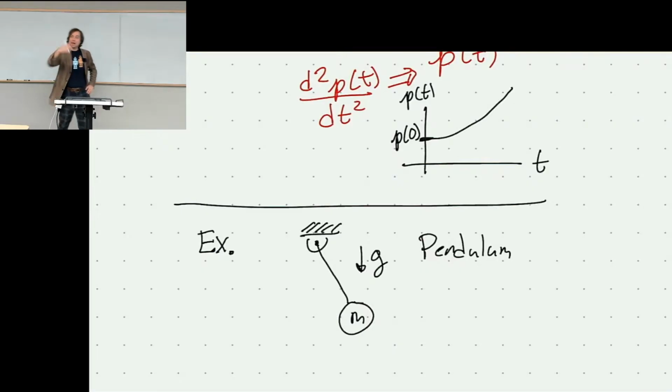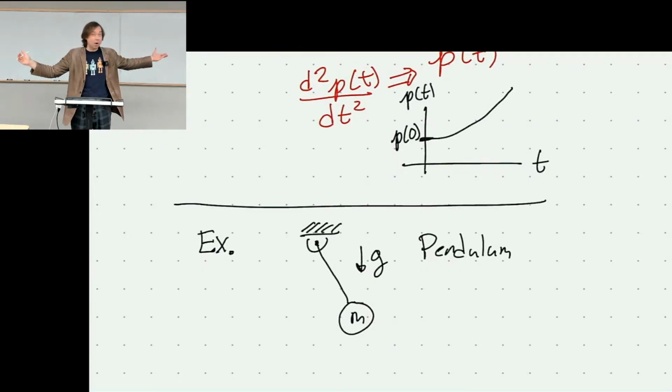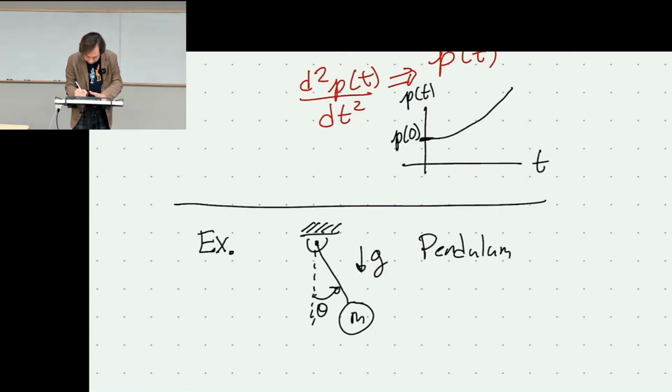Now, we could use physics 1 to come up with the dynamics of this system. In fact, we can kind of do that. Let's define our angle of this pendulum, theta of t, relative to the vertical.